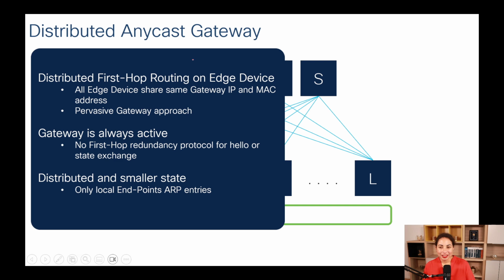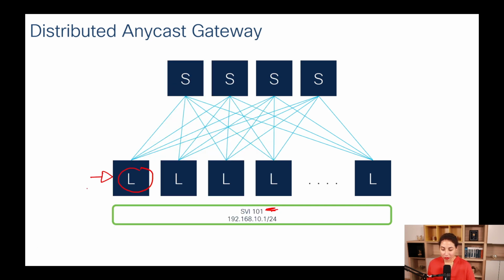This advantage brings plenty of other advantages. We can do seamless VM mobility, because if we take a VM connected to a given leaf and move it to another leaf, we simply maintain its IP address, its gateway's IP address, and the correspondence between the IP and MAC address of the gateway, meaning the ARP resolution.